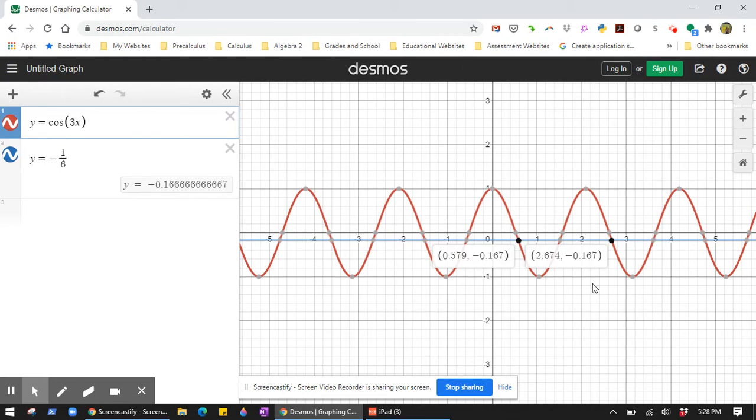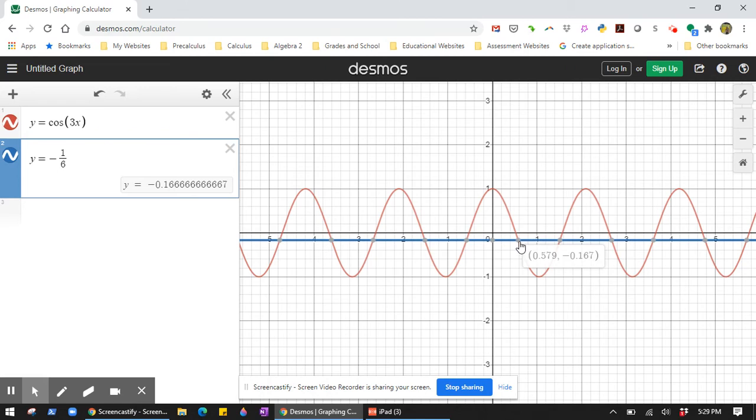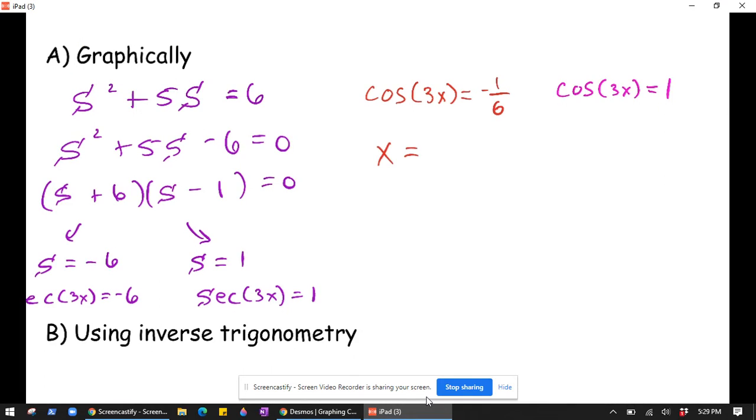In order to describe all the solutions, we need to find one. That looks like 0.579. So I'm going to write that down here: 0.579. Now I just need to add 2 pi over 3, or multiples of 2 pi over 3. How did I know to do that?